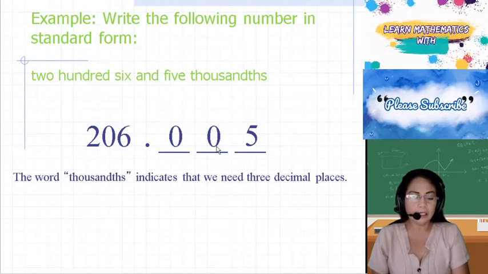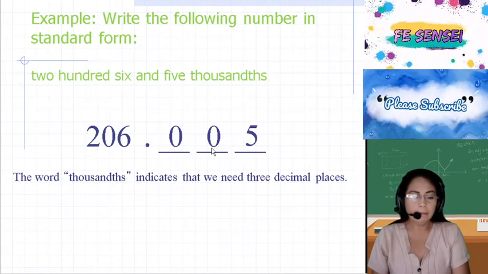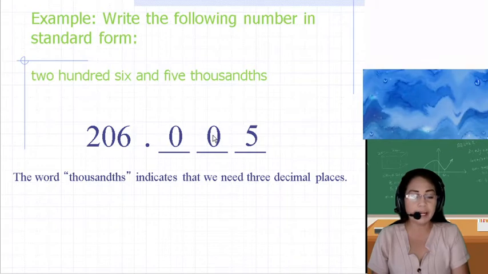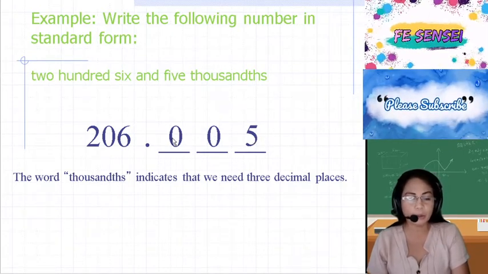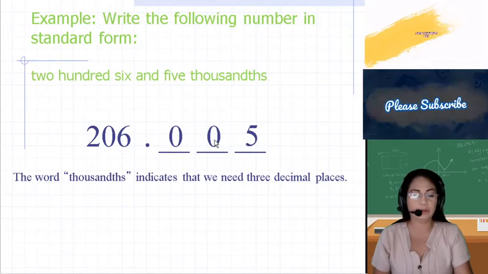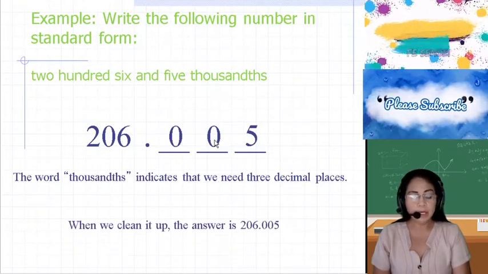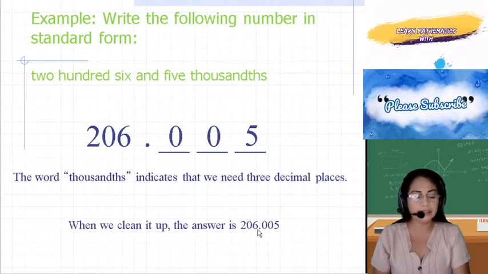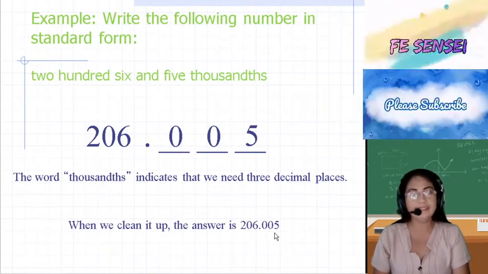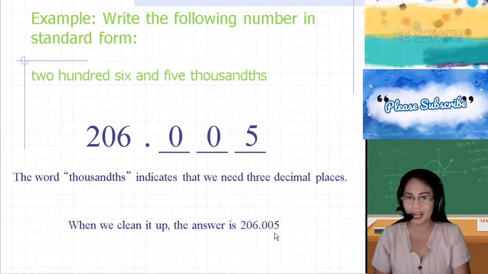That's what we call a place value holder, so that you can read this 5 as thousandths, so you have to fill in zeros. So when we clean it up, the answer is 206.005. Got it?